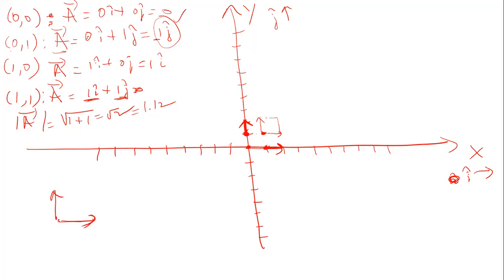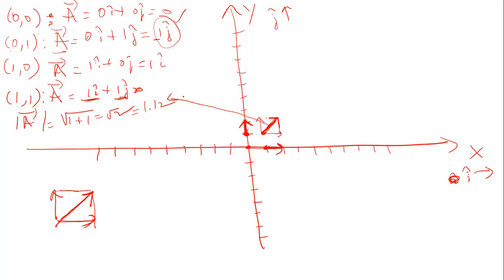If you construct a rectangle, then the diagonal is the resultant vector. So exactly, for the vector 1i plus 1j, the resultant vector will point something like this, and its magnitude will be about 1.4.